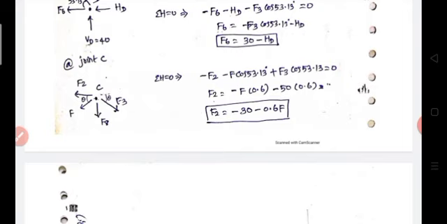So now apply the horizontal equilibrium equation. Summation of H equals 0, so minus F2 in the minus x direction, minus F2 minus F cos 53.13, then plus F cos 53.13 is equal to 0. Finally F2 is equal to minus 30 minus 0.6 F.